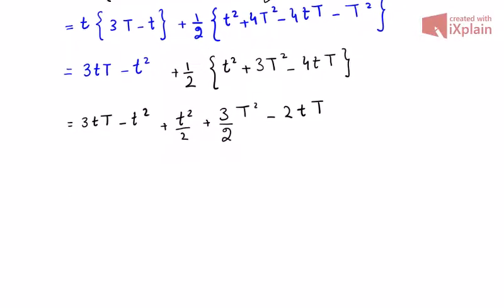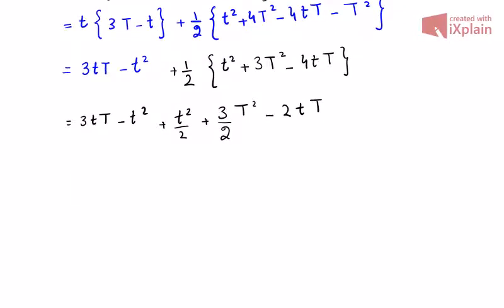Okay, and this can be just rewritten as, now see, 3 times t minus 2 times t capital T. So this will be t and capital T. We have a capital T and a small t.